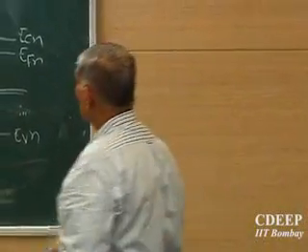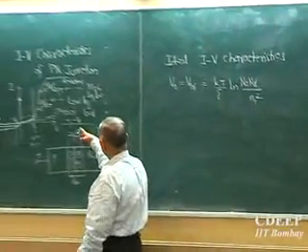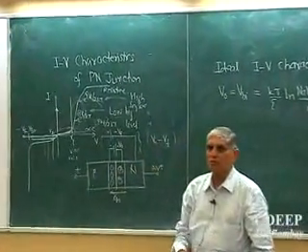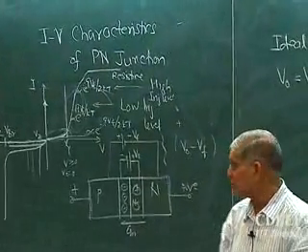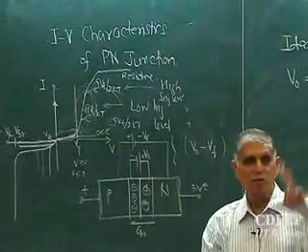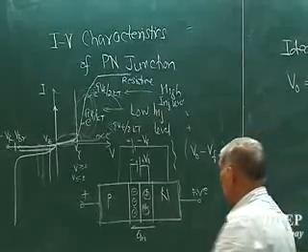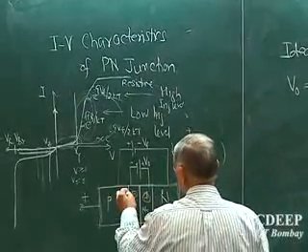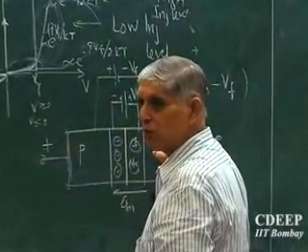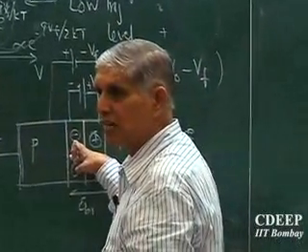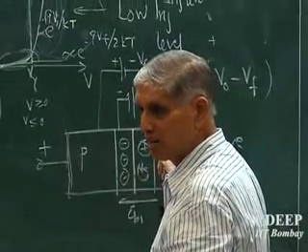So what essentially is making this happen? If this potential barrier is reduced, earlier when there was no bias, or equivalently zero bias, the barrier was very high. And why was this barrier created? Because some of the holes went to the N side, some of the electrons went to the P side and opened up space charge.